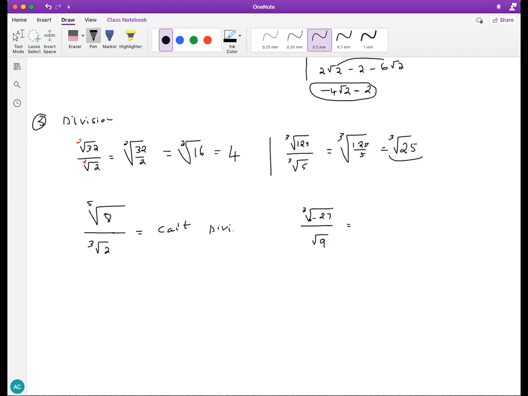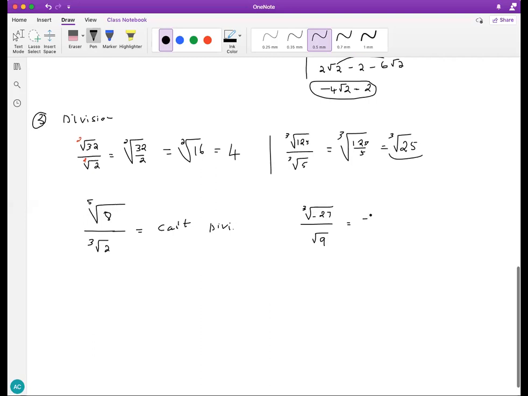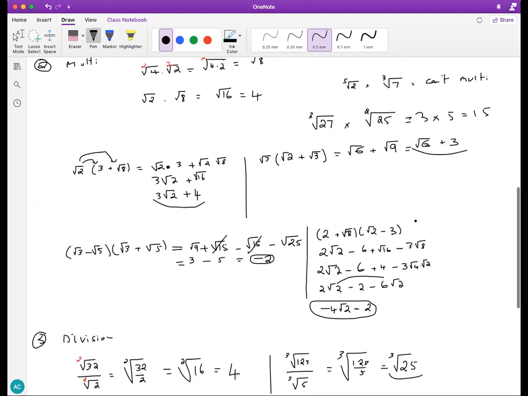Let's see if we can simplify this, and maybe simplify at the end. Okay, what is the cube root of negative 27? -3. Exactly, so the number that multiplies by itself 3 times to negative 27 is negative 3. And of course, the radical of 9 index 3. This will be -1.